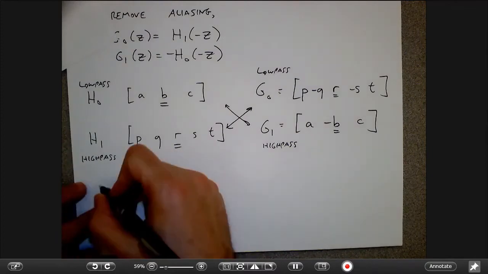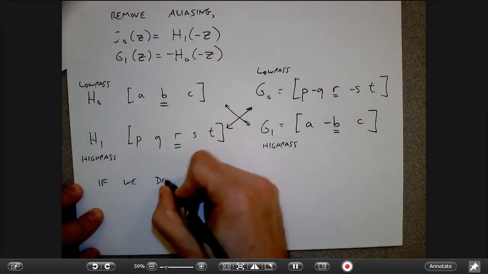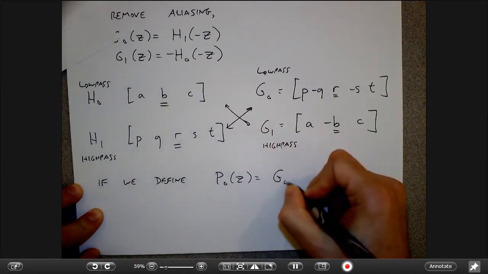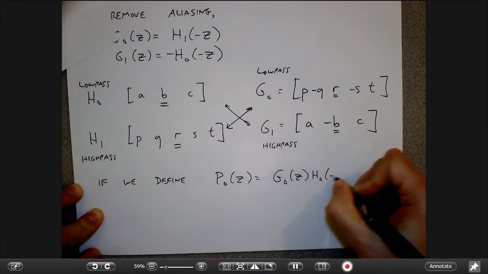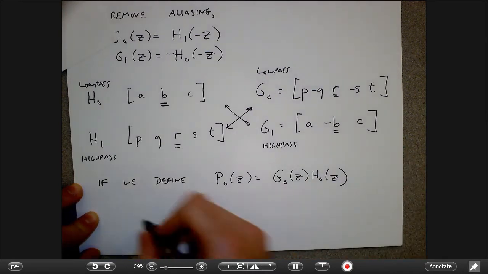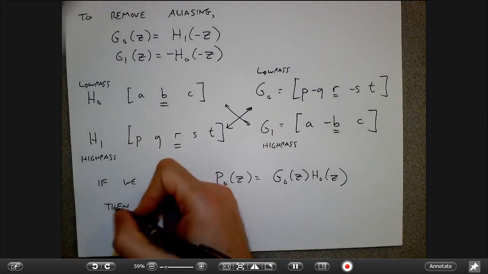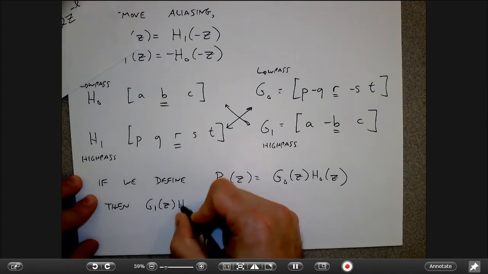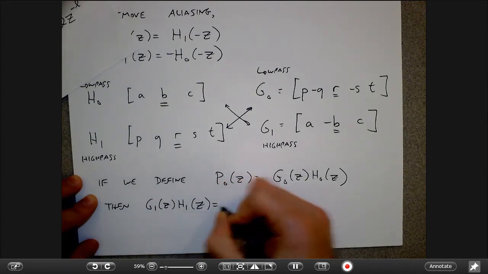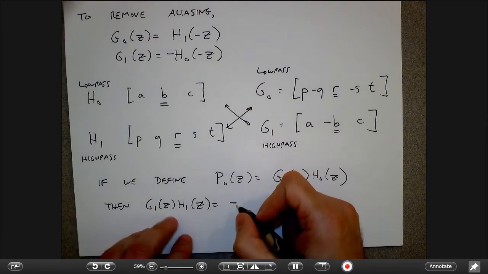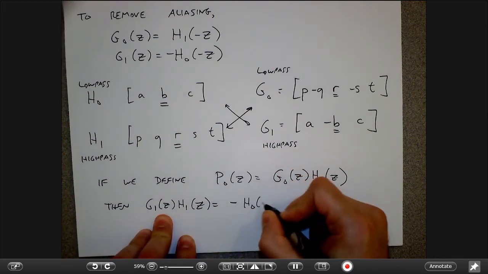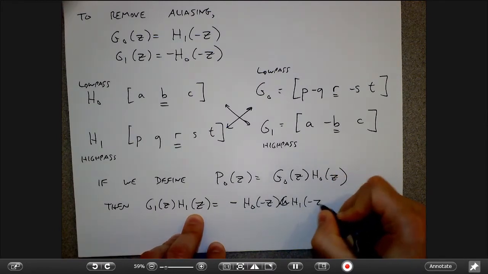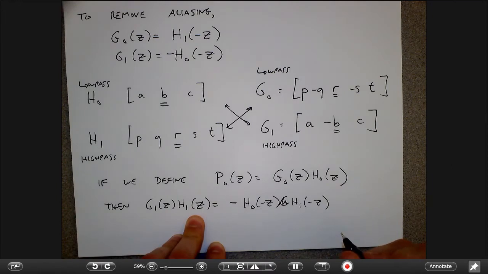If I define P0 of Z, which is the product of G0 and H0, then this other thing, G1 of Z, H1 of Z, becomes, plugging in what I just said, minus H0 of minus Z times... oh, wait a second.